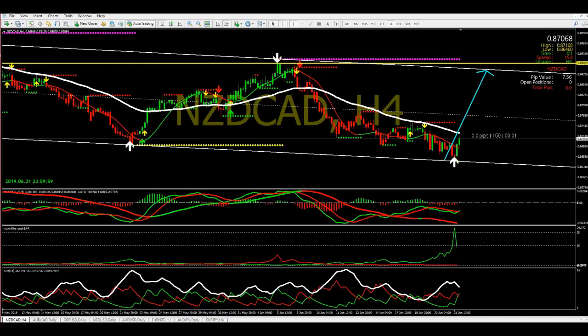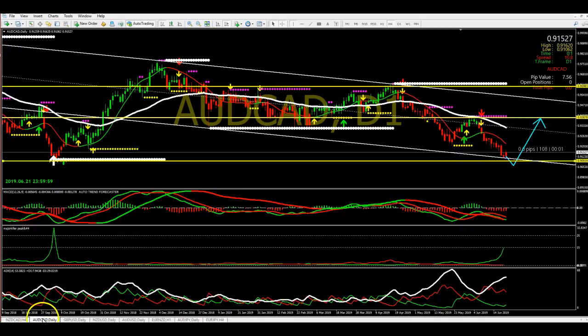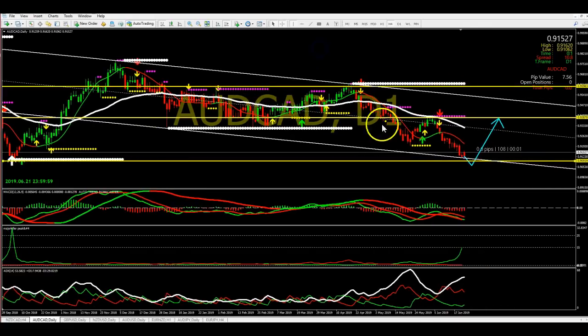All right, so now I'm gonna show you the next one, AUDCAD on the daily, and I have created here horizontal lines where my analysis for this week is that it's gonna bounce back to the 19 line, and then it's gonna bounce back to the previous resistance, right?